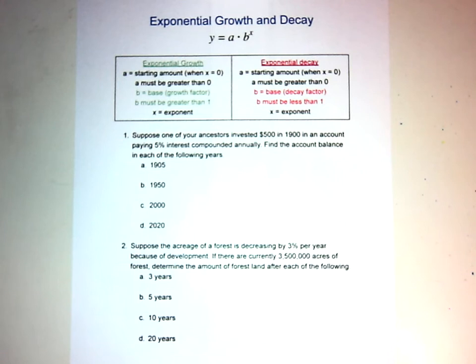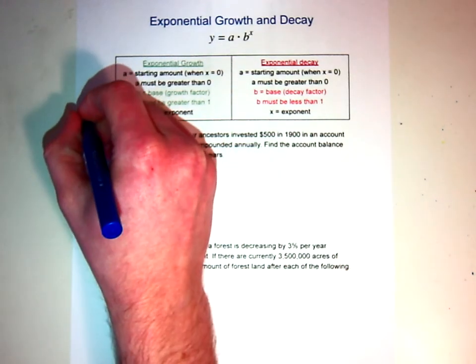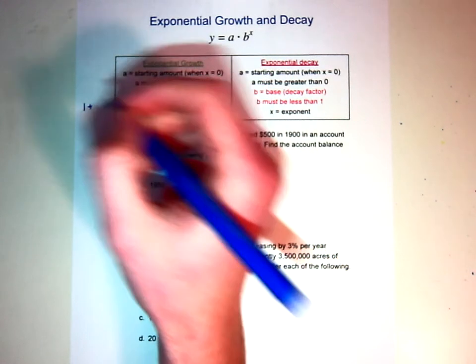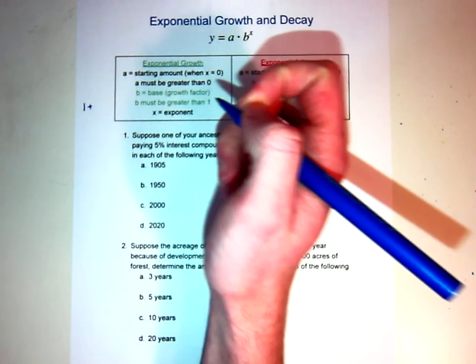Remember this rule, it's going to help us. If something is growing, that means you had the original amount, which was 100%. If I put $5 in, 100% of what I put in is $5. If it is growing, the next time I no longer have 100%, I have more than 100%. So for a growth factor, it's going to be 1 plus the decimal form of the growth percentage.